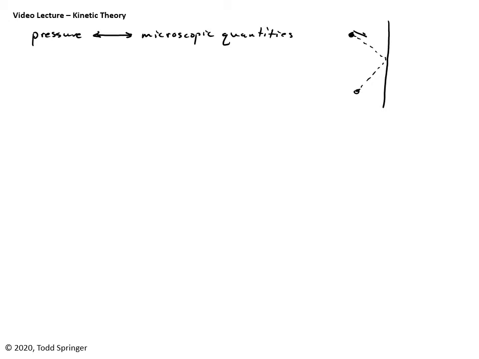It comes in with some velocity vi, comes out with some velocity vf. The change in the velocity is an acceleration, which requires a force from the wall, and then therefore, by Newton's third law, the molecule is exerting a force on the wall as well. And that is where the pressure comes from.